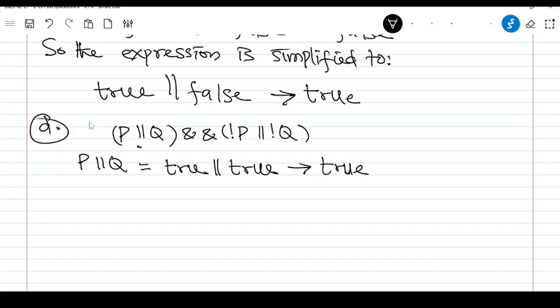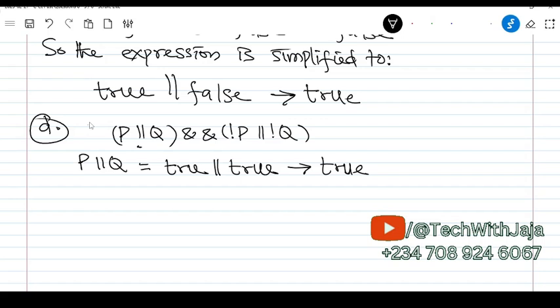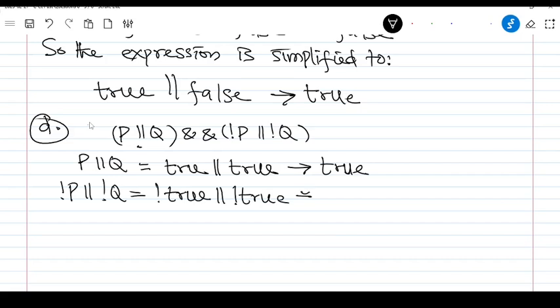Similarly, not P or not Q is going to be equal to not true or not true. So not true is equal to false, or also not true is equal to false, and this is going to evaluate to false.